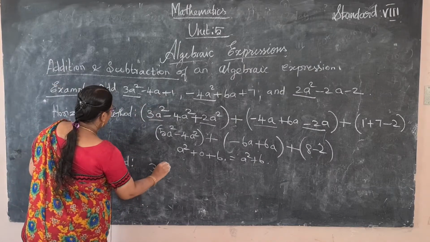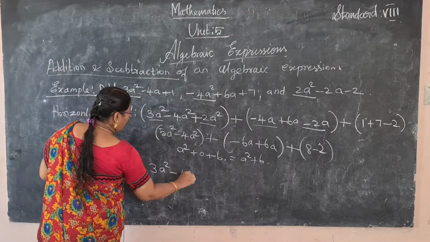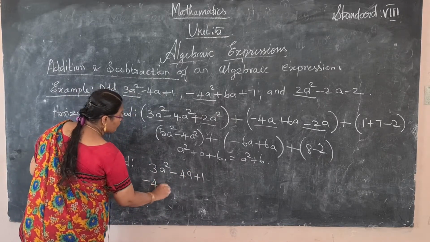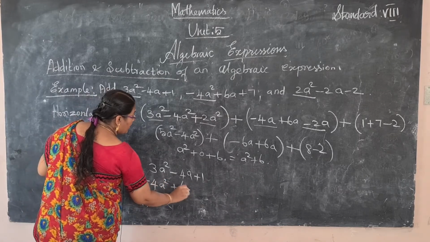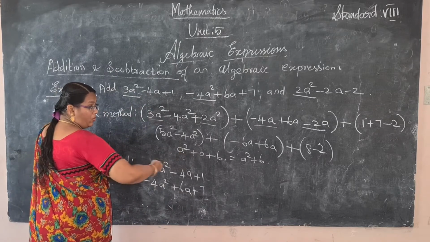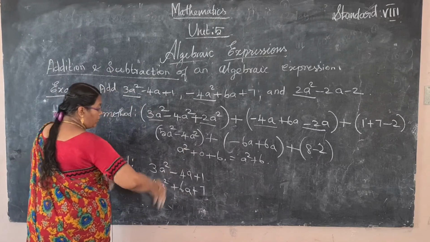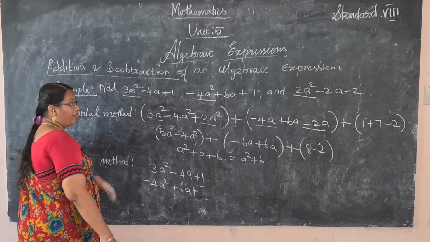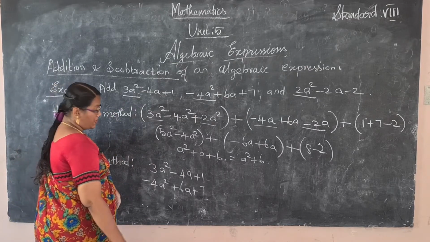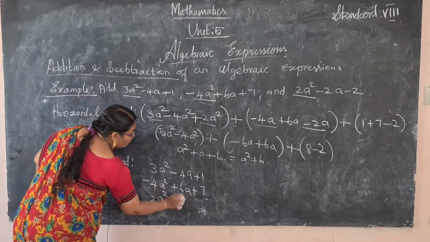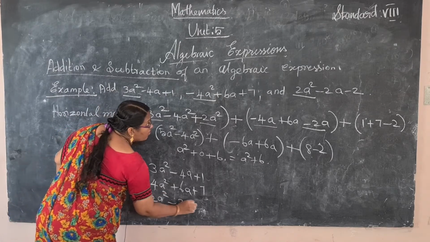So 3a squared minus 4a plus 1 and next one minus 4a squared plus 6a plus 7. This is a row. The first row, second row. The column method means vertically you have to write the algebraic expressions. So the next one, 2a squared minus 2a minus 2.